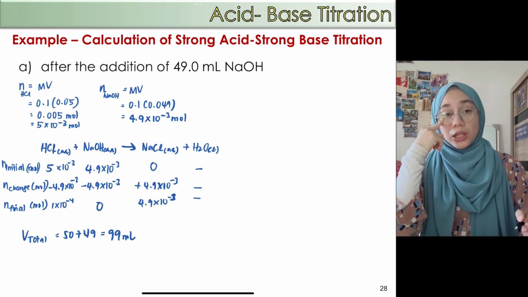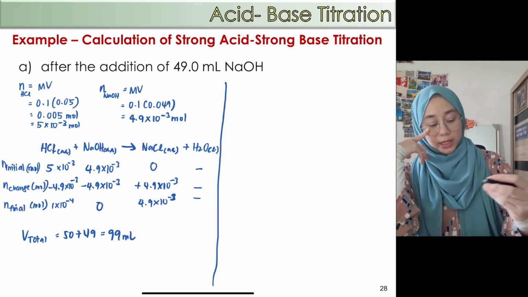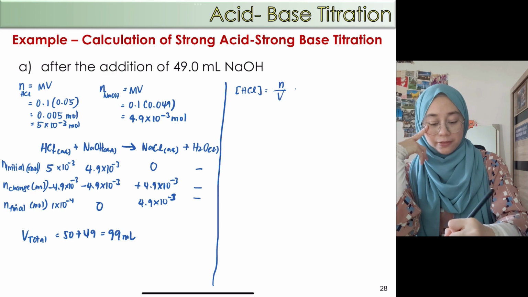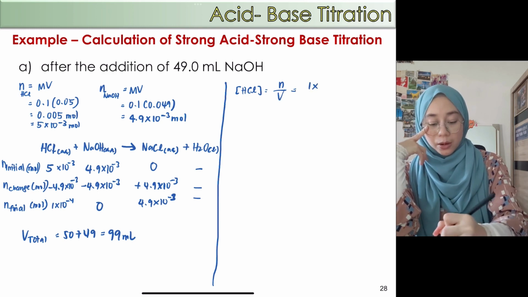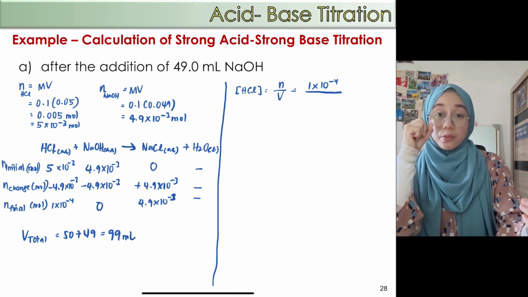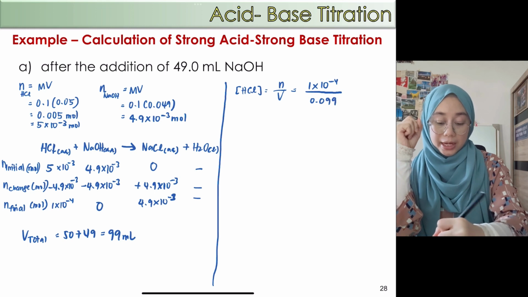Okay, jadi apa yang kita perlu buat next? The next part adalah untuk kita kira concentration of HCl. Okay, so miss buat satu line kat sini. Concentration of HCl is basically mole divided by volume, right? So mole kita ada HCl tadi baki dia adalah 1 exponent negative 4 divide by volume dia. So now kita kena guna volume yang baru tu kelas, which is 0.099 tu.